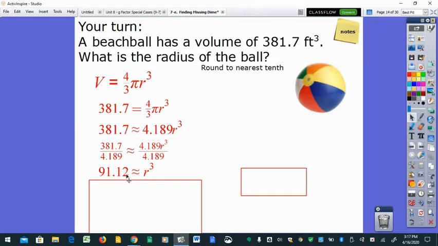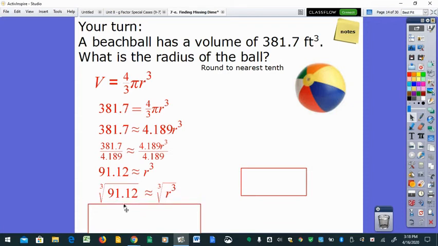That is not the radius of the beach ball. That is the radius cubed. So I need to take the third root of 91.12. What number times itself three times again gives me about 91.12?